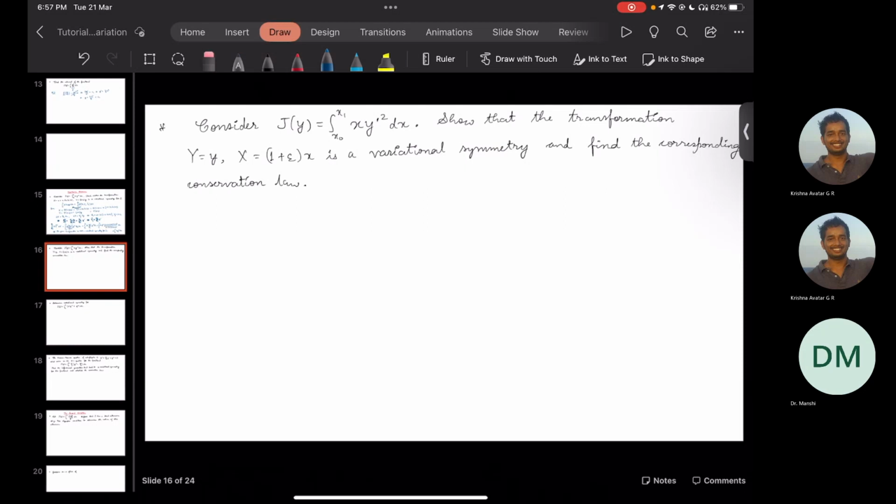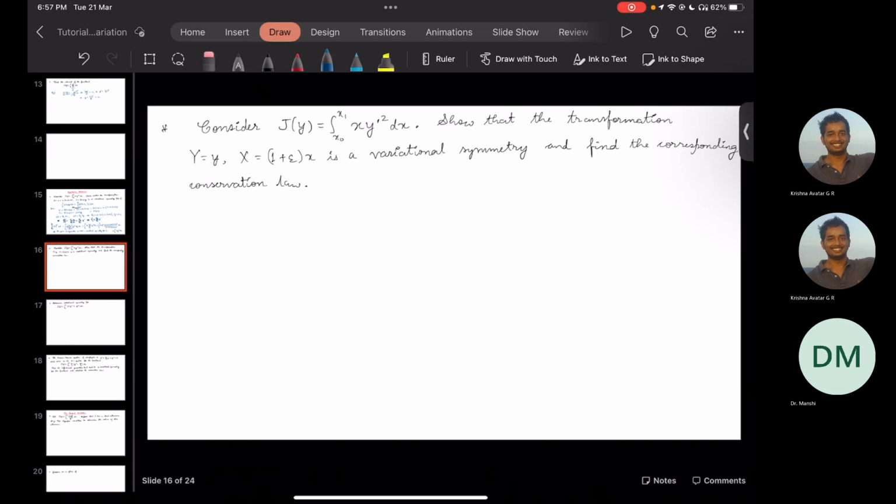So at first, let's determine our inverse transformation. We have capital X is equal to 1 plus epsilon into x, and we can express this in terms of x as x is equal to capital X by 1 plus epsilon.